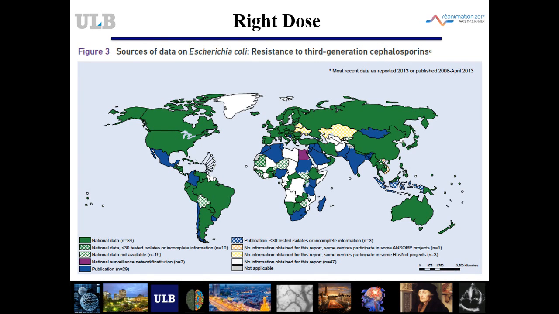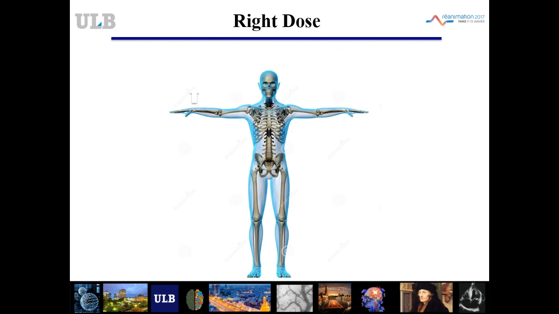Now, why should standard regimens of antibiotics not produce adequate drug concentration to treat our patients? First, because the MIC of pathogens isolated in the ICU is higher than that of pathogens isolated outside the ICU. So the standard regimen could be effective for community-acquired infection, but not for hospital-acquired infection. And second, because there are some changes in the patient that may alter the concentration of the drug.